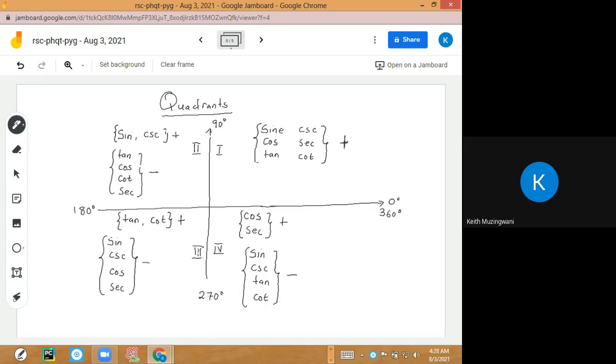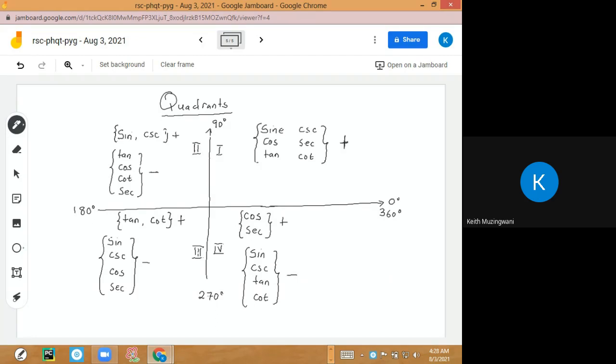If you want, you can get your calculators, pick any angle between 270 and 360. Pick 300, 301, 315, 271. Try to punch sine, cosec, tan, cot. What you get will be negative.